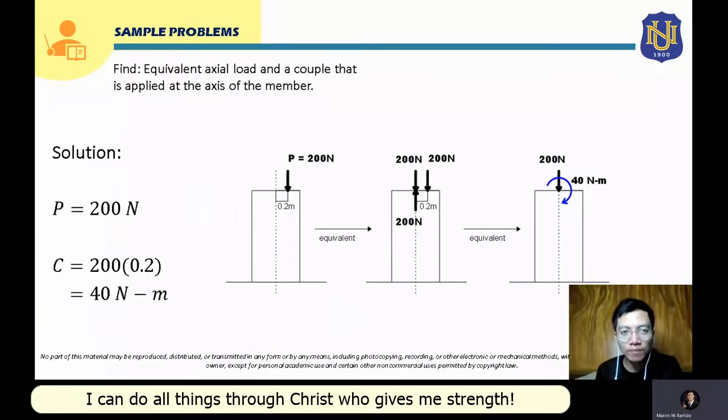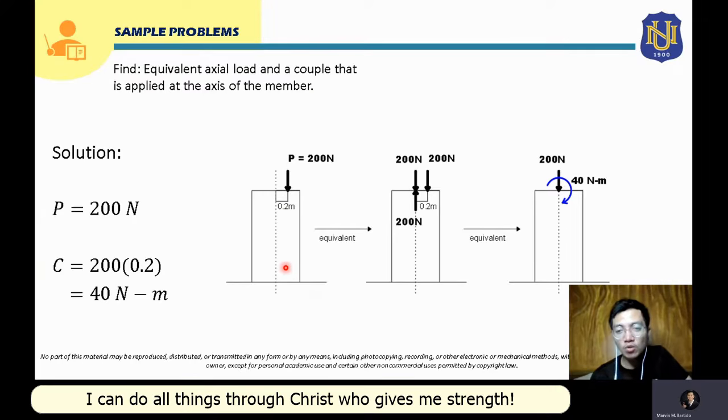So we are going to find the equivalent axial load and a couple that is applied at the axis of the member. We want to transfer the original force or load, which is located 0.2 meter from the axis, to this axis.